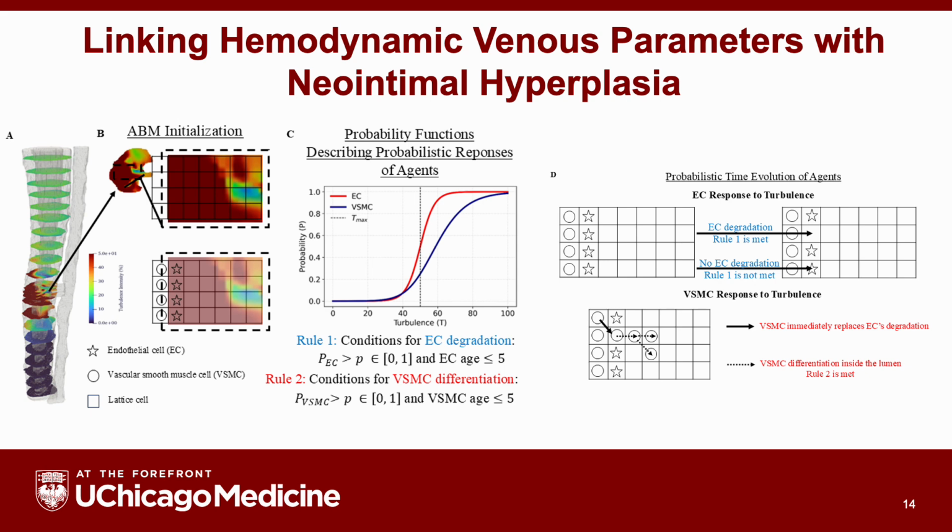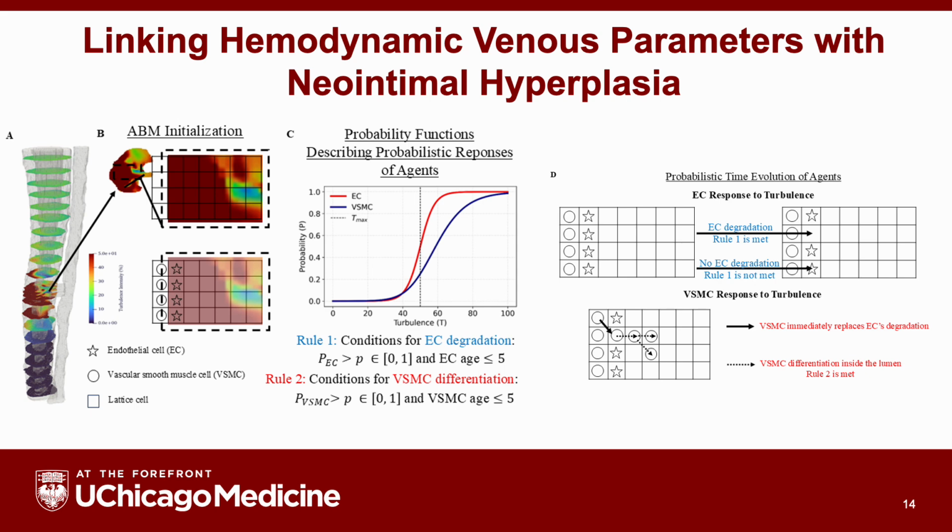As degradation and differentiation are probabilistic, at each time step these probabilities are compared to a random value to decide whether EC degradation and VSMC differentiation occur or not. We also utilize an age restriction to limit excessive degradation and differentiation over time. These two rules are shown here in the schematics.